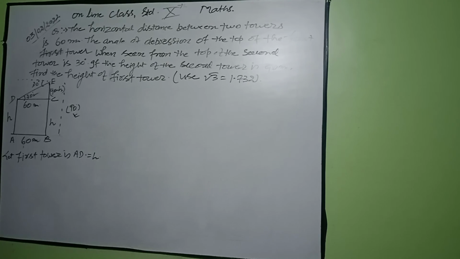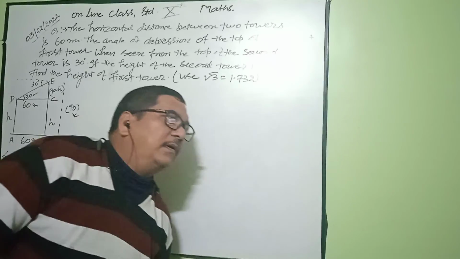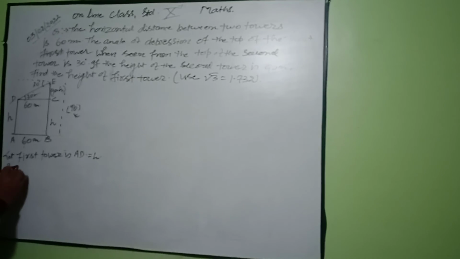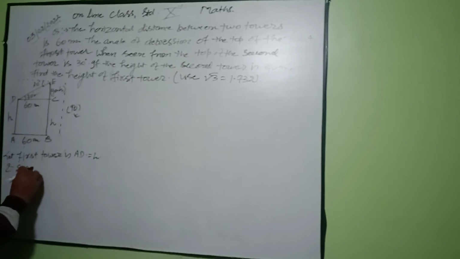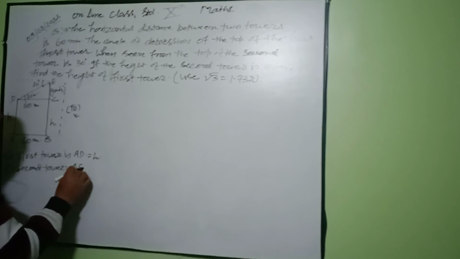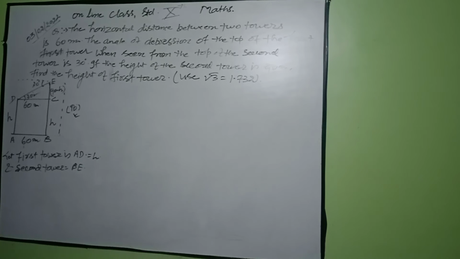Now we have to find what? And second tower is BE, whose length is given 90 meters. Find the height of the first tower. It means we have to find the value of H.